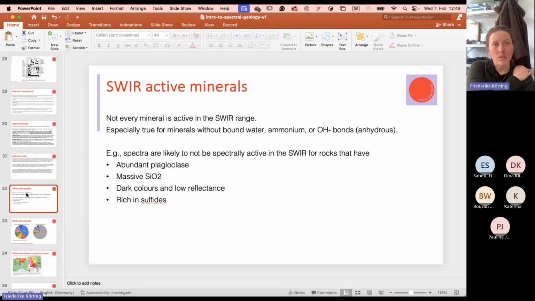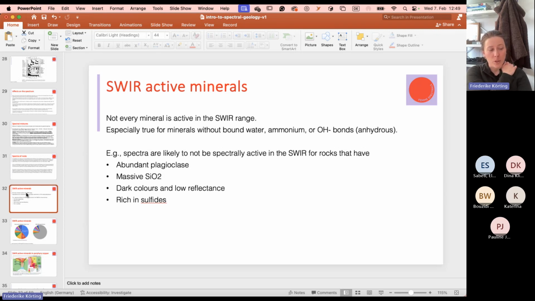We talked about the spectrally active minerals a little bit, but one very common question when I talk to people that want to use the technology in mining or geology, but aren't aware of the limits. I think we need to be precise in that. Especially the VNIR and shortwave infrared is not going to reveal spectrally inactive minerals, which is feldspar and massive silicon dioxide.